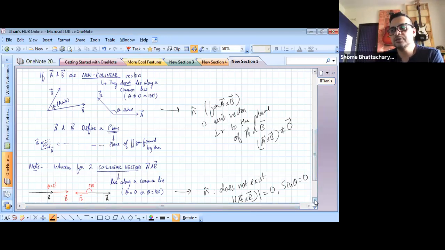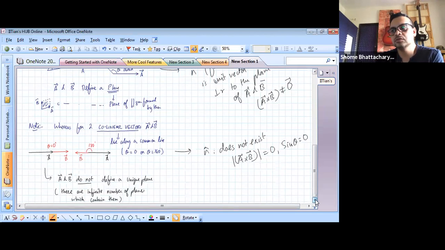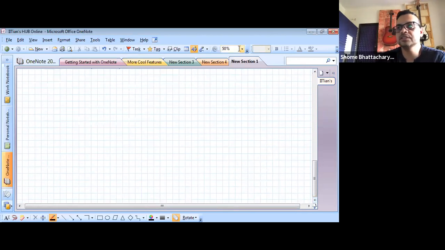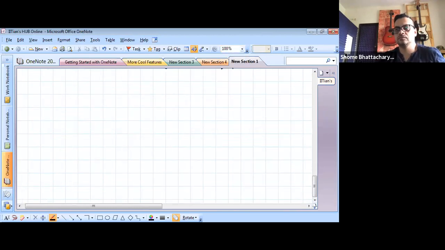So now let us come back to the definition. So E cross B is given by EB sine theta n cap.